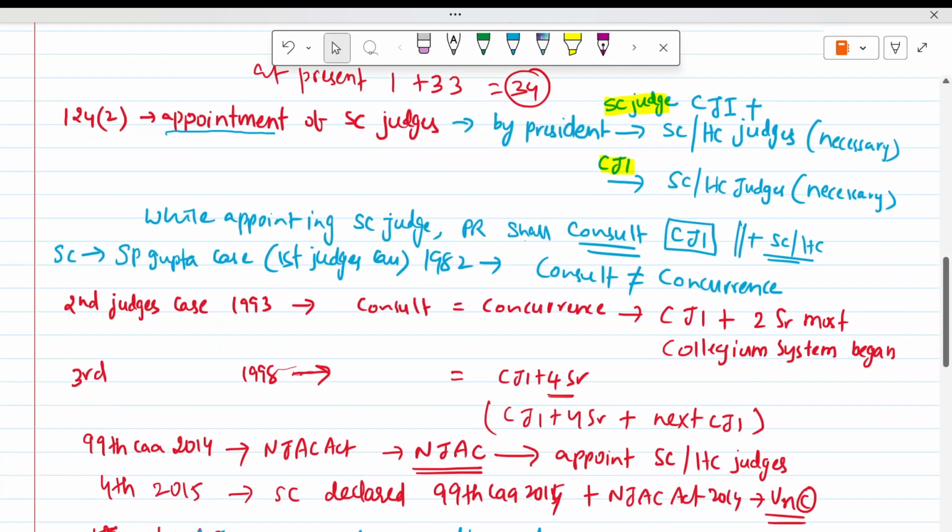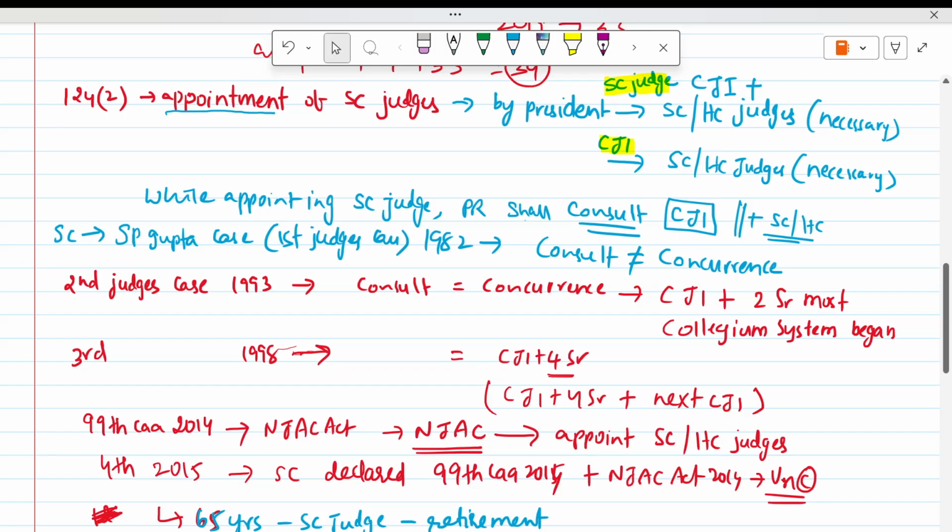Then 124(2) is regarding the appointment of Supreme Court judges. Who appoints Supreme Court judges? The President.